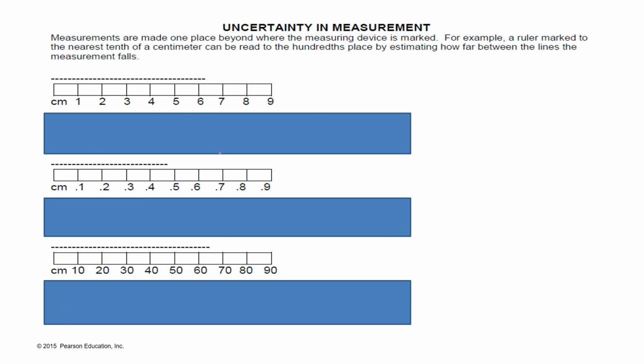So I can say it. I know for certain it's 6, and then I know it's beyond 6, so I can estimate a tenths place. We're pretty good with our eyes that we can divide that in half, and then we can divide it in half again. So I could probably say something like 6.2, 6.1, 6.3 in there, kind of guessing at where the halfway mark is.